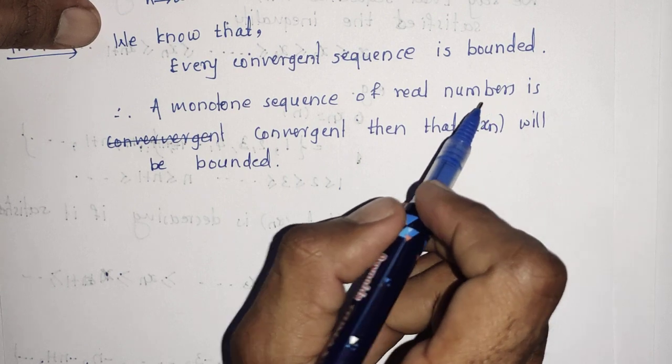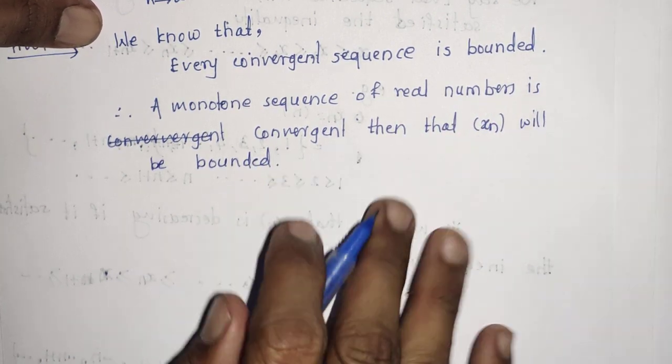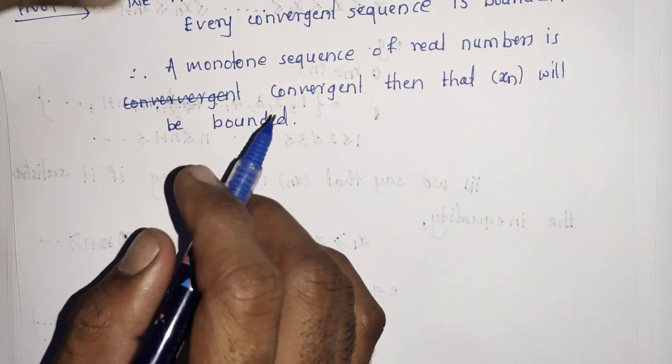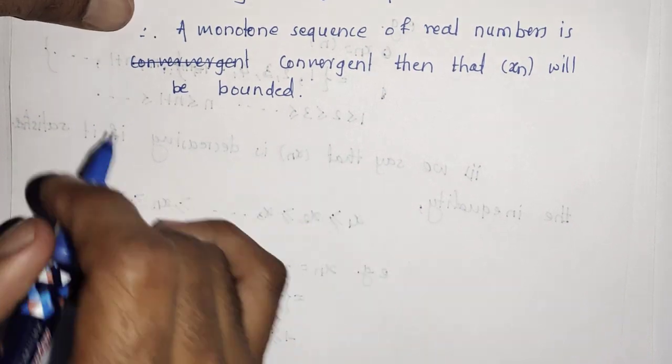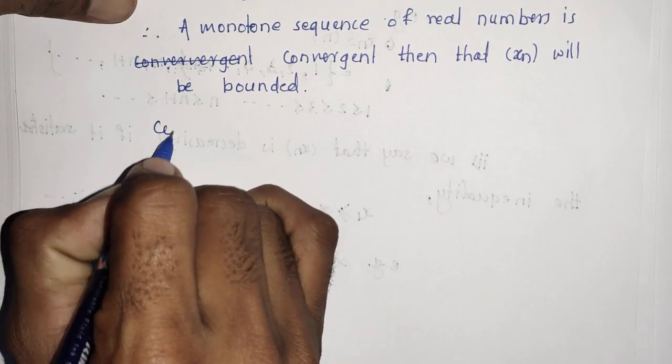Monotone sequence of real numbers, if that sequence is convergent, then that sequence is bounded, by using this result. Now conversely we will suppose the sequence xn is bounded.